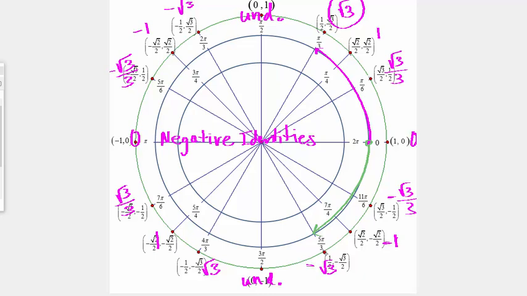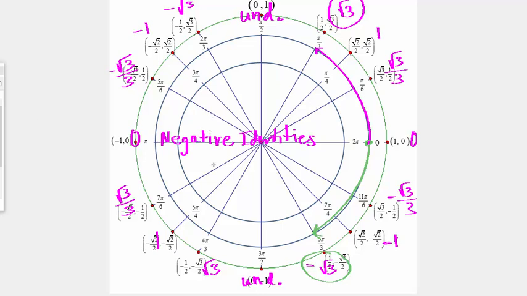We can see here that the terminal place for that arc has a tangent value of negative root 3. So extending an arc in the negative direction, which is clockwise, from 1, 0 all the way through to the terminal point here located at negative pi over 3, which is shared with positive 5 pi over 3, gives us a tangent value of negative root 3.